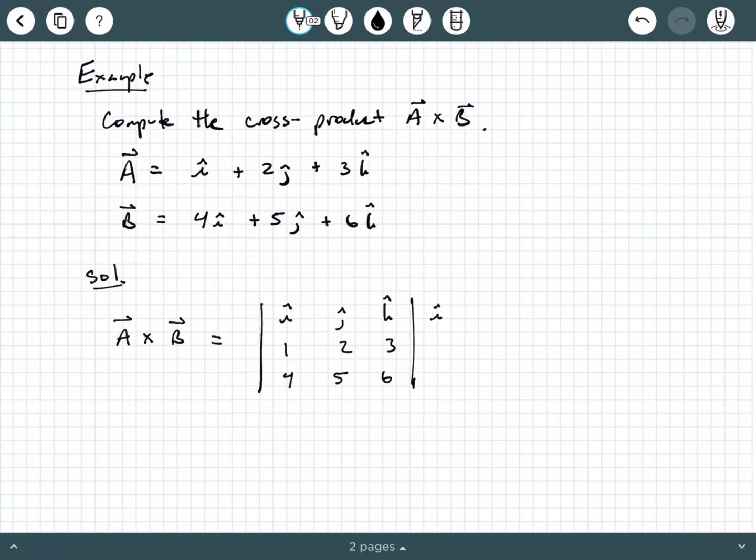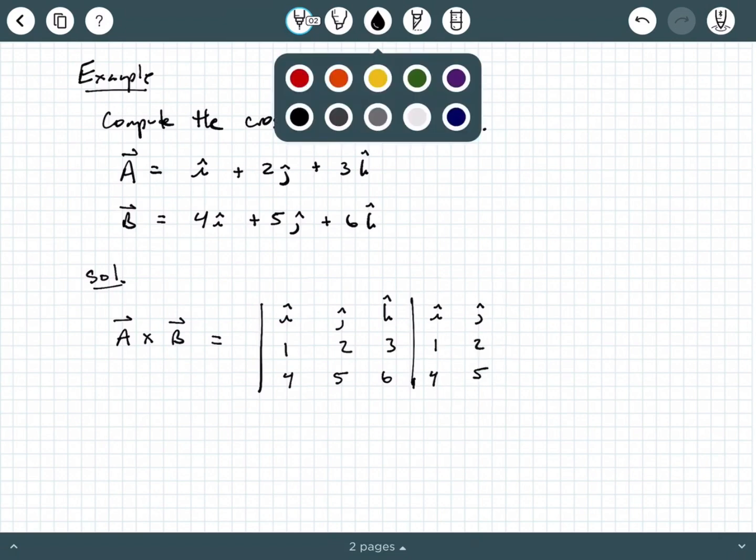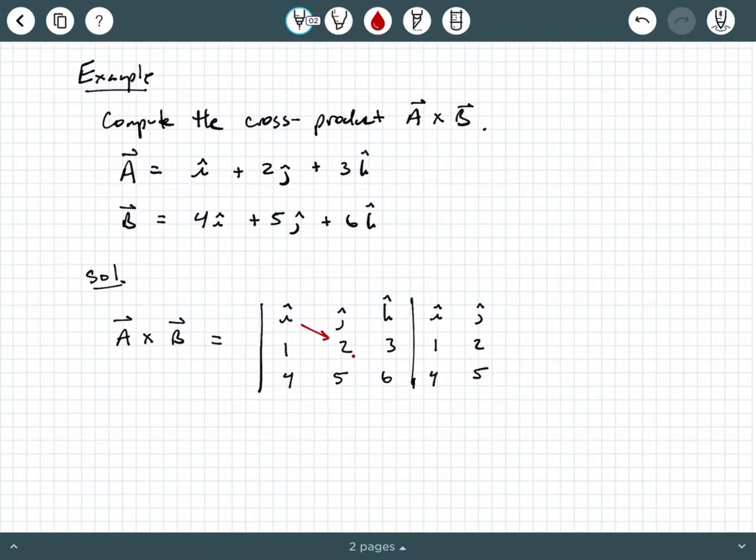And then remember, to solve a 3 by 3 determinant, we copy the first two columns off to the side, and we compute a triple product in an upwards and downwards fashion.